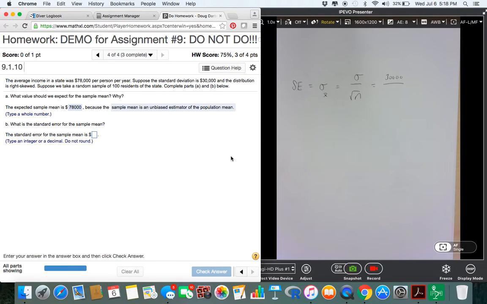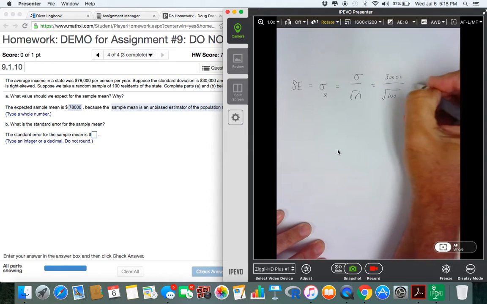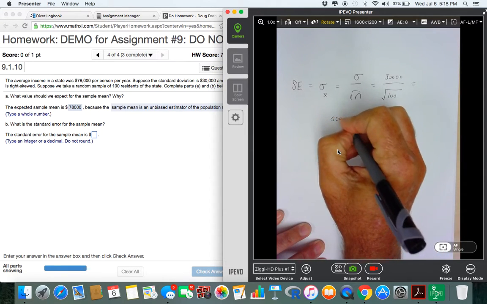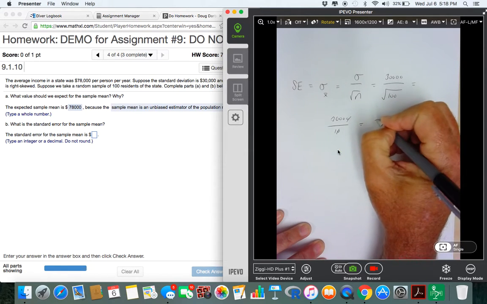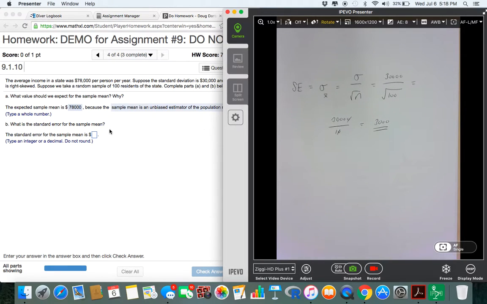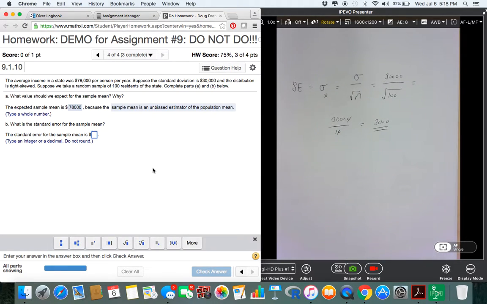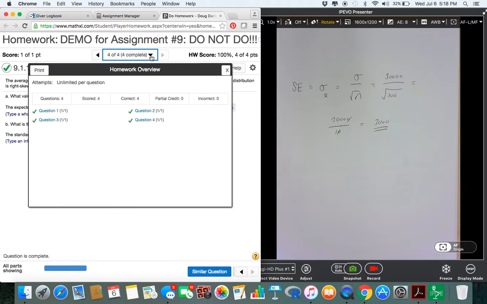Looks like n is 100. Again, the standard error would be 3,000.